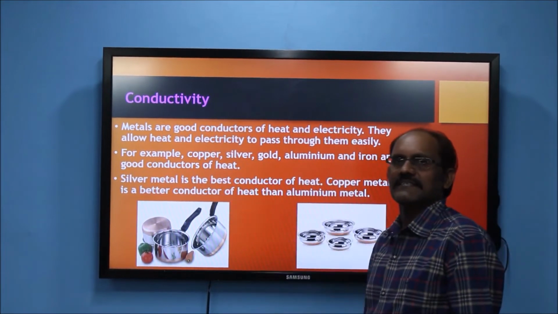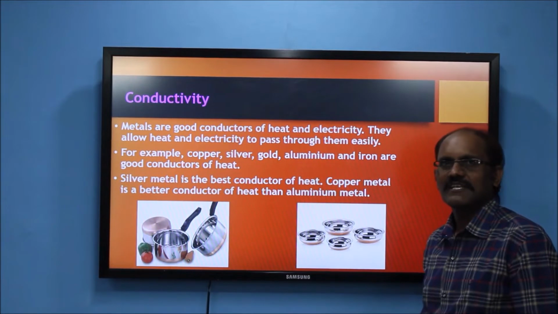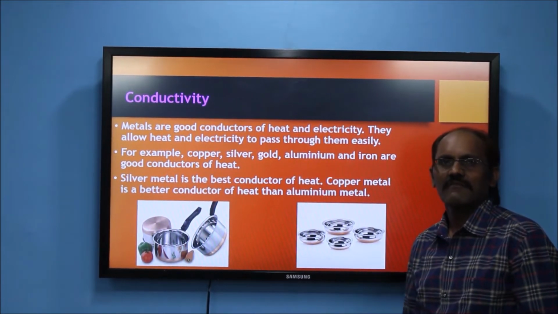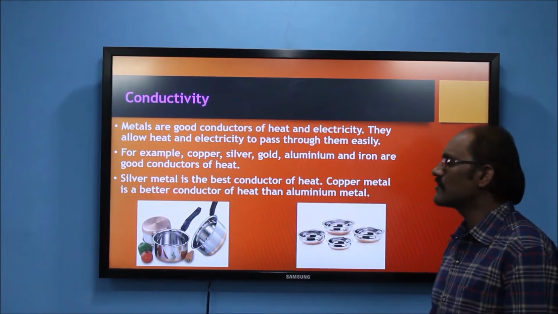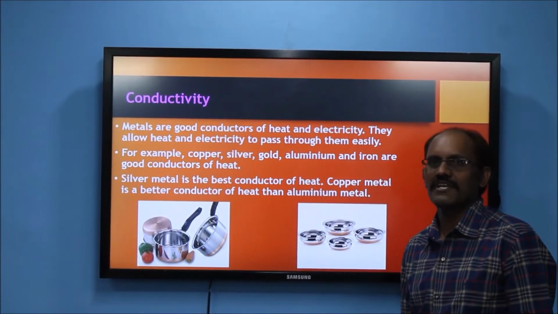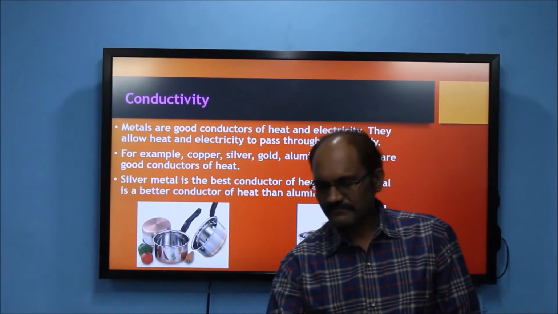Silver is the best metal conductor of heat. It conducts heat very easily. Copper metal is also a better conductor of heat than aluminium metal.